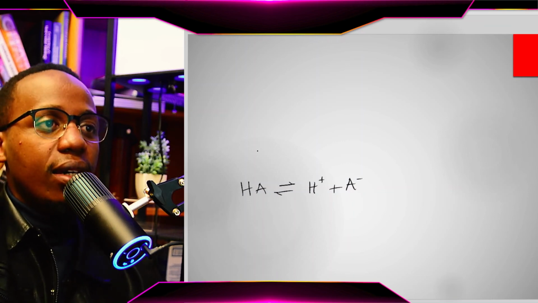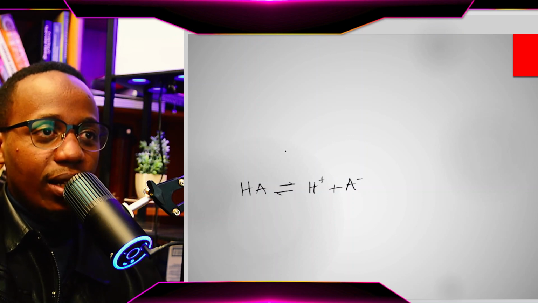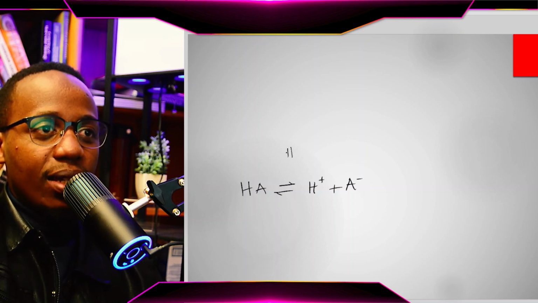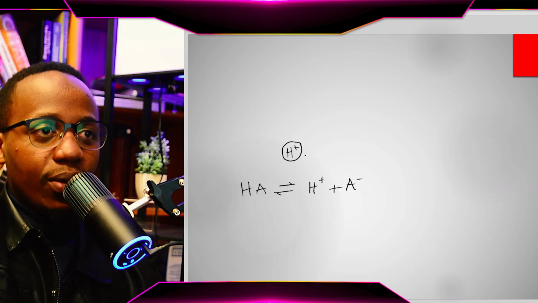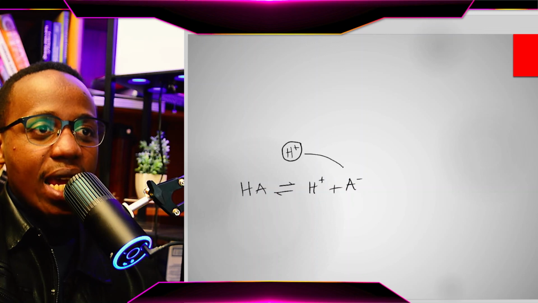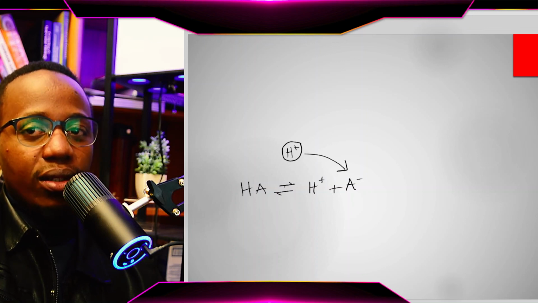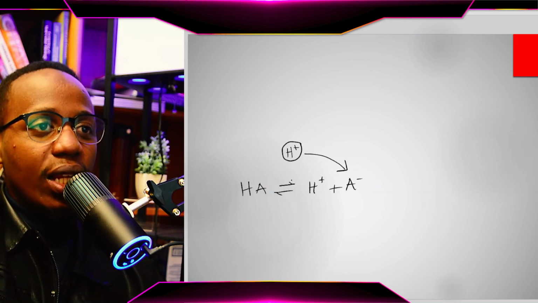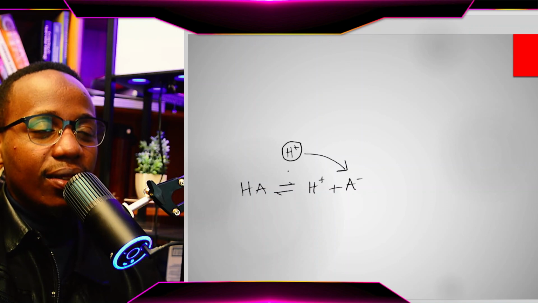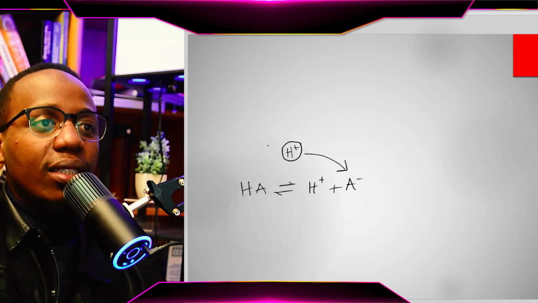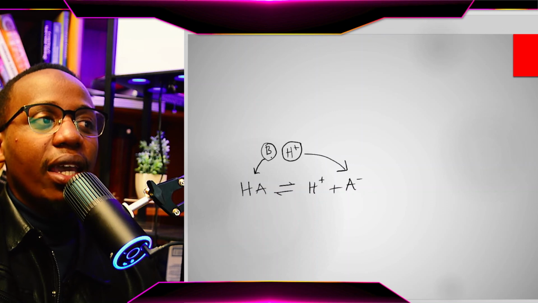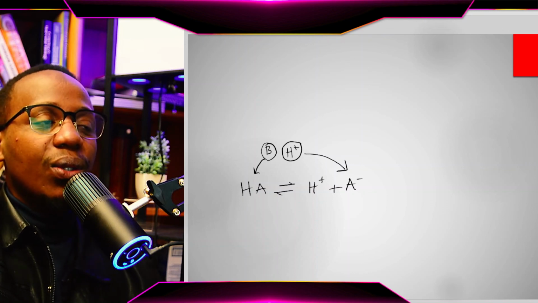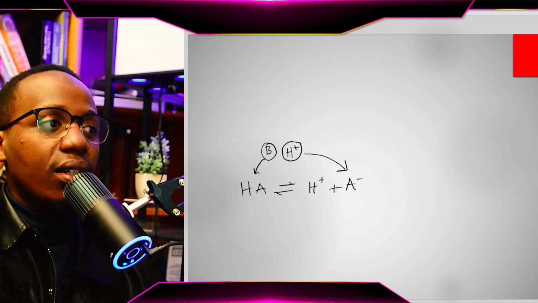If you add an acid in solution, and remember an acid has H+, guess what's going to happen? The base is going to take care of it. The base is going to neutralize it. If you add a base in solution, guess what happens? The acid is going to take care of it. So that's why there are buffers.